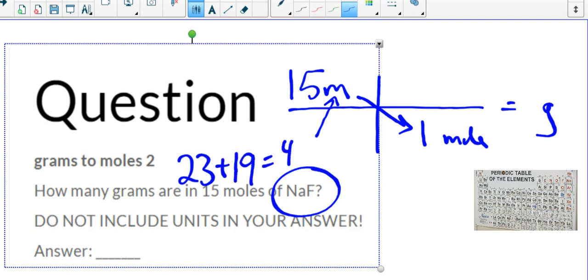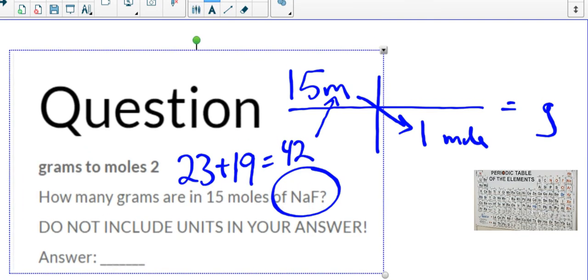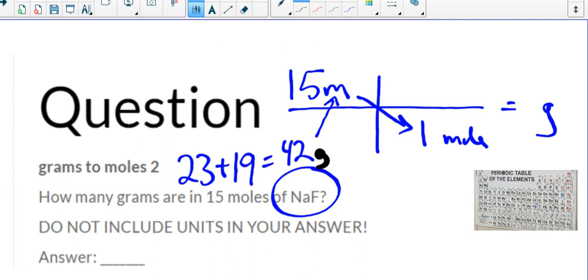So that's 42 grams per 1 mole. That got ugly fast, didn't it? So now we would put our 42 right here, and then we would end up with our answer there.